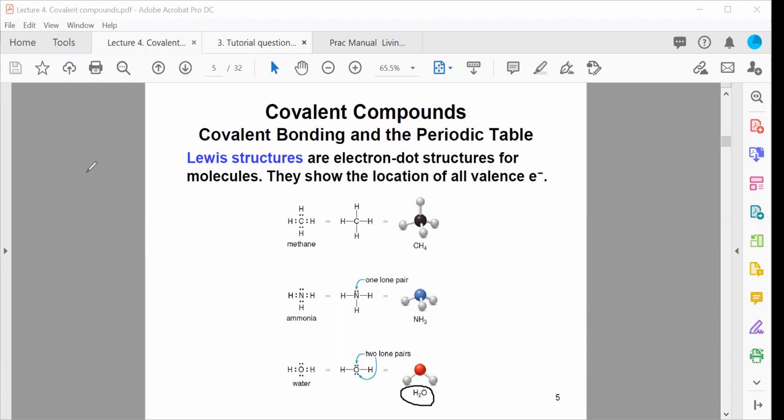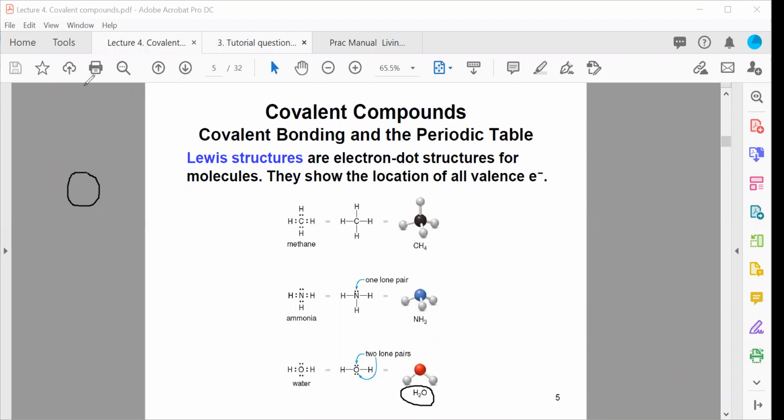Let's look at water. Oxygen, group number for oxygen? All right, 6A. Some of you are very quick at this. 6A, and it needs another 2.